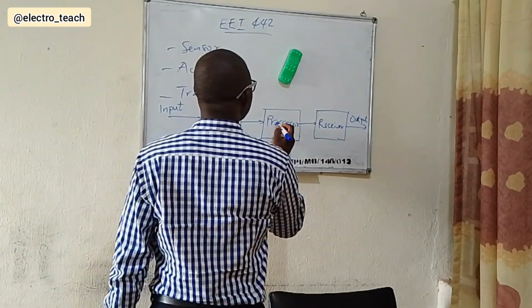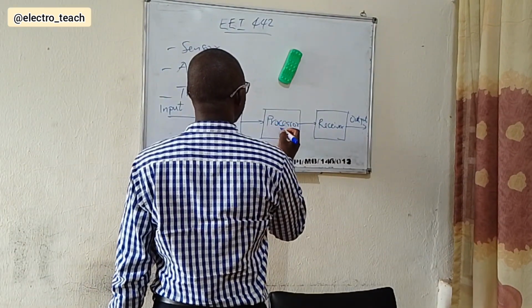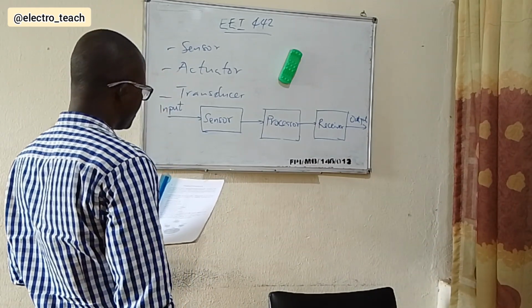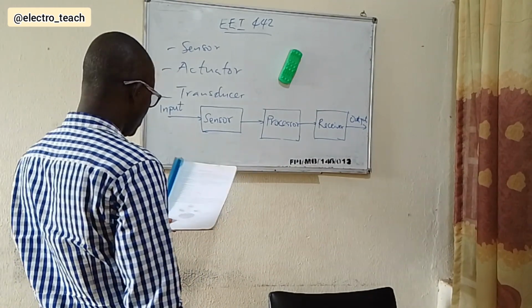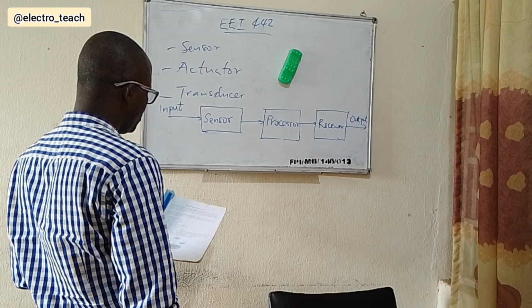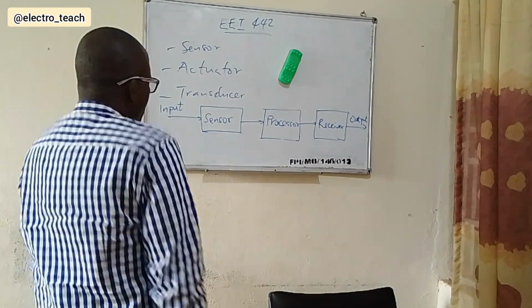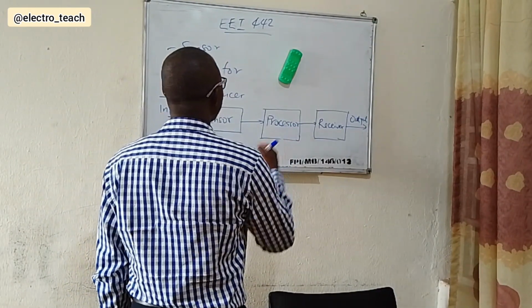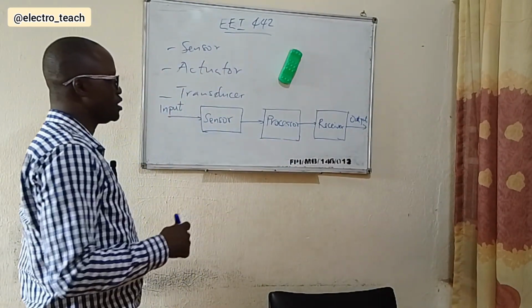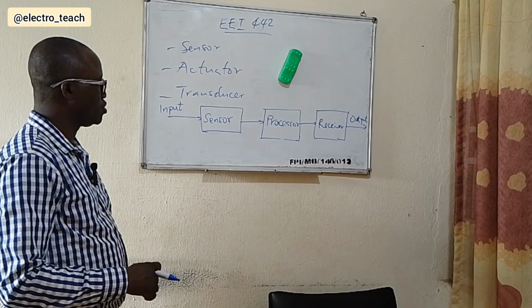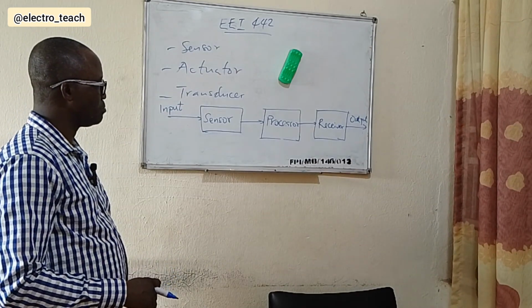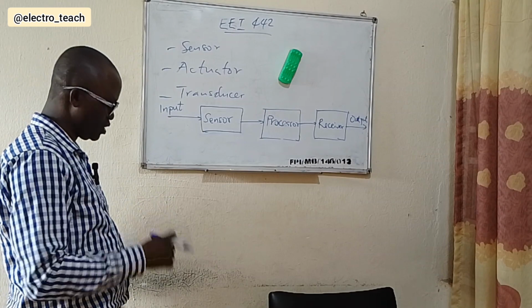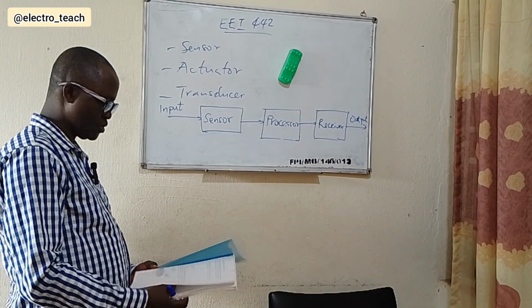It's almost the same thing, but with a little bit of difference. This one does not show the process, what the company or the industry is doing that requires a control system. It's not shown here. So that is the difference. Basically this one is about how the instrument system works. Alright?